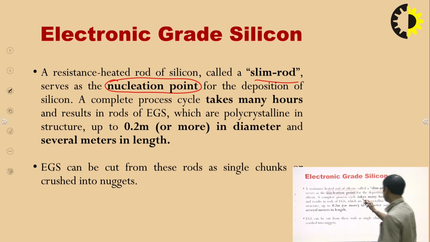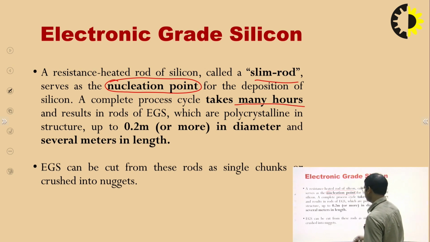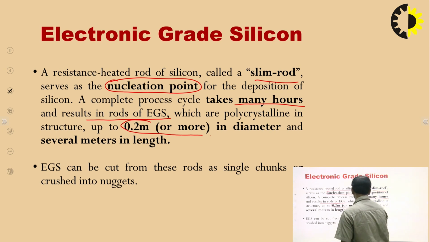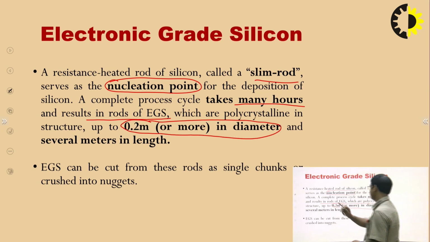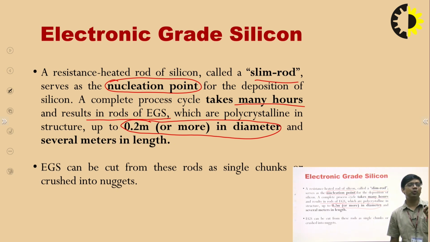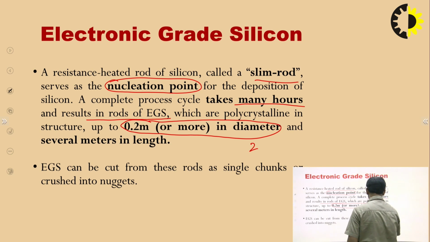and this complete process takes many hours and results in rods of EGS which are polycrystalline in structure, and these EGS rods have a diameter of around 0.2 meter, means about 200 mm.